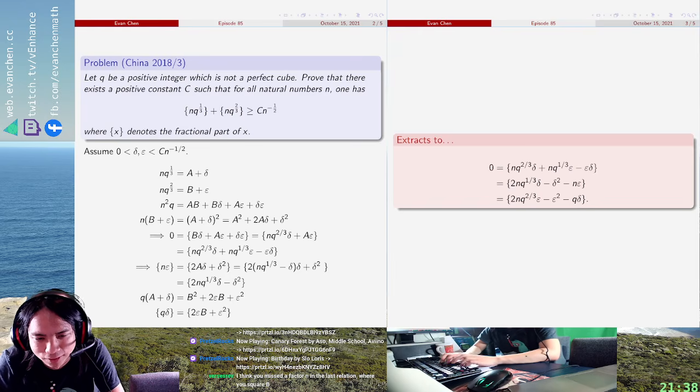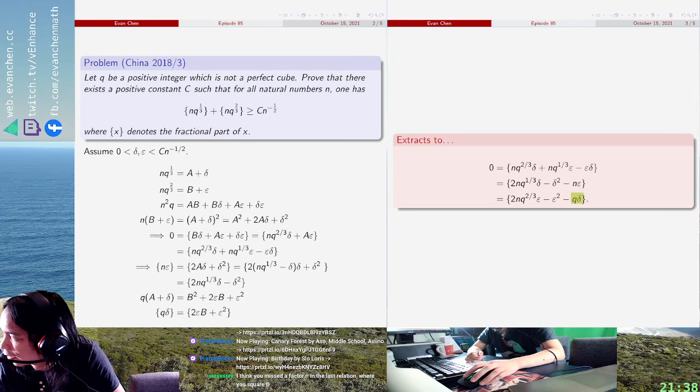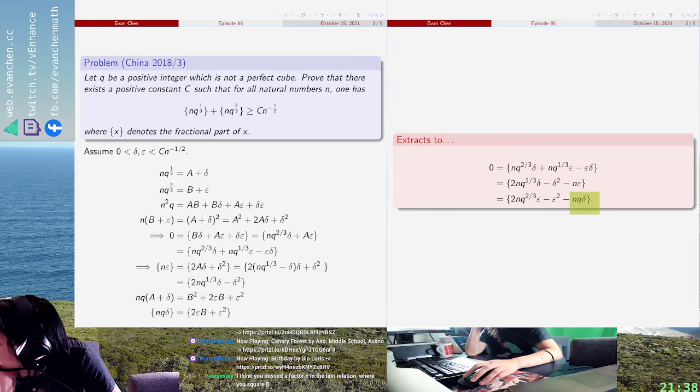I think that's worse. Wait, guys, now this term isn't small either. That's worse, actually.